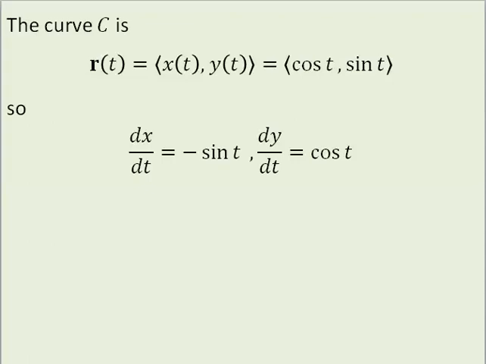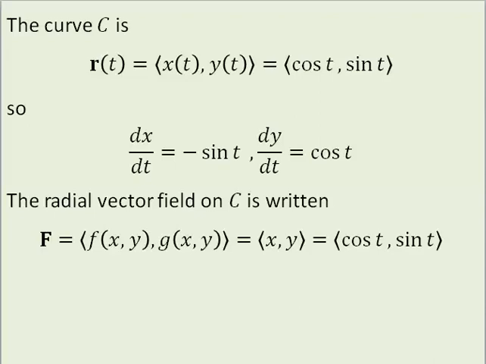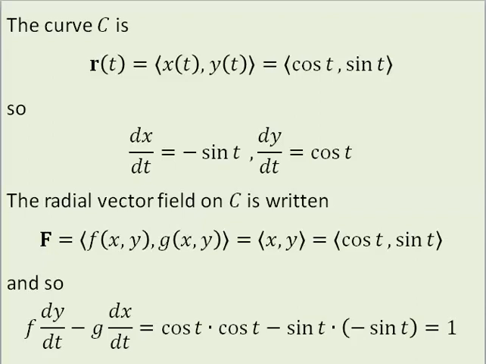And rather than finding r prime, we're instead going to write it slightly differently. We're going to find dx/dt and dy/dt because the formula just looks a little bit different. So we find dx/dt, and then we write F in terms of t, and then we need to find f times dy/dt minus g times dx/dt.